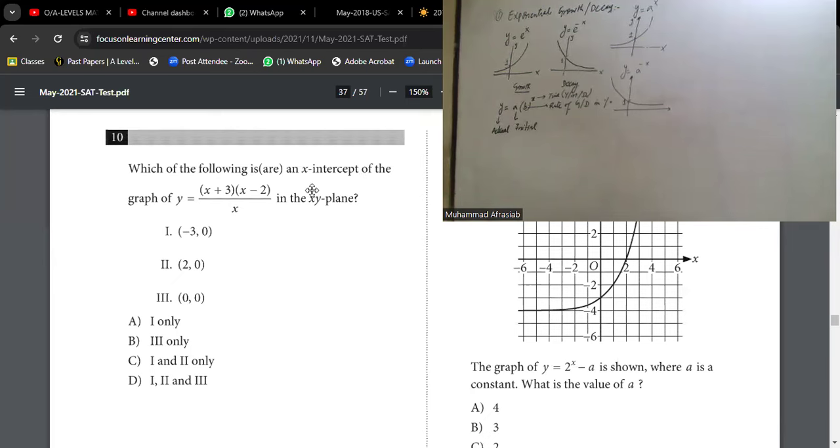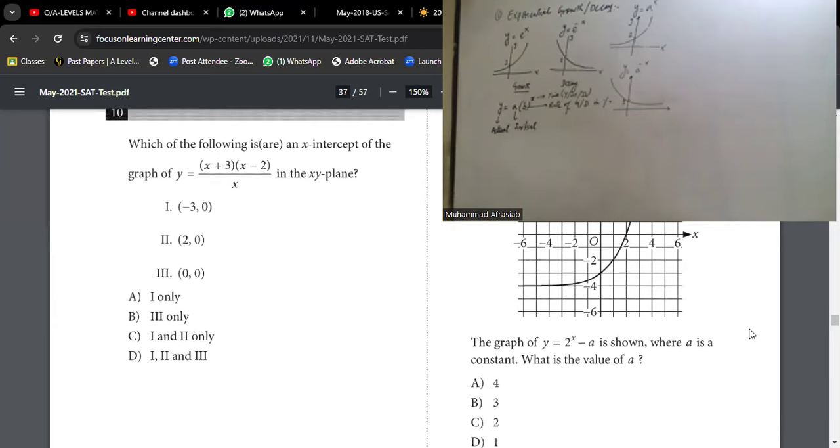This is the graph shown for question number 1. There's a graph plotted for y is equal to 2^x minus a.